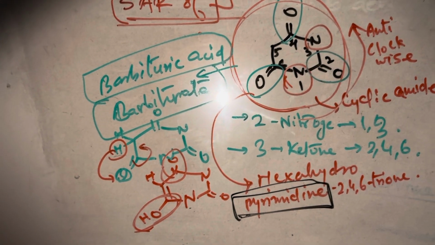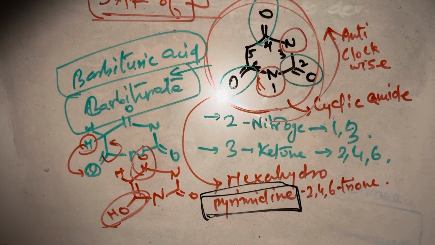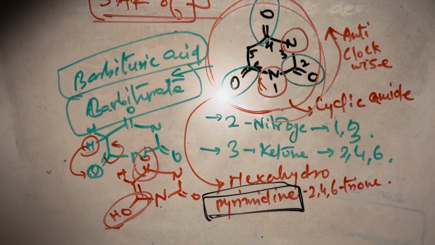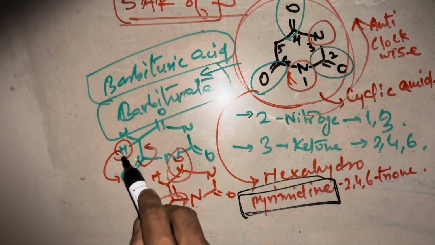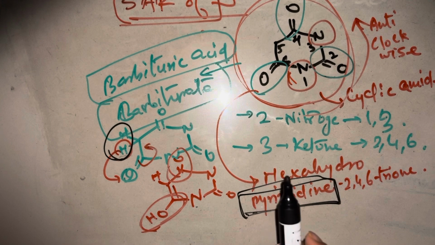One most important point is that this barbituric acid is less active. Why? Because of the presence of two hydrogens at fifth position. Due to the presence of two H plus at fifth position, it is less biologically active. Okay. Now we will see what different modifications can take place.